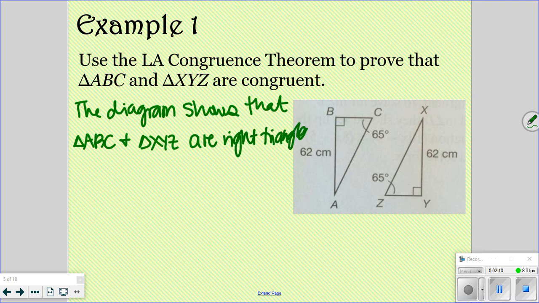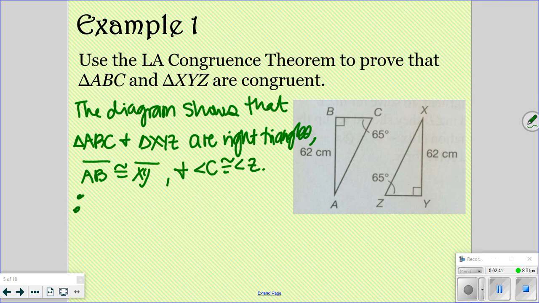So to use your right triangle congruence theorems, you have to mention that they are right triangles. It also shows that AB is congruent to XY, and it shows that angle C is congruent to angle Z. So it shows all three of those.